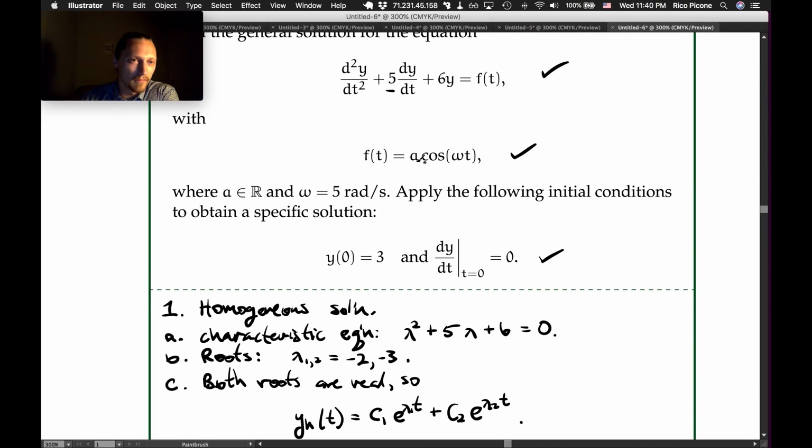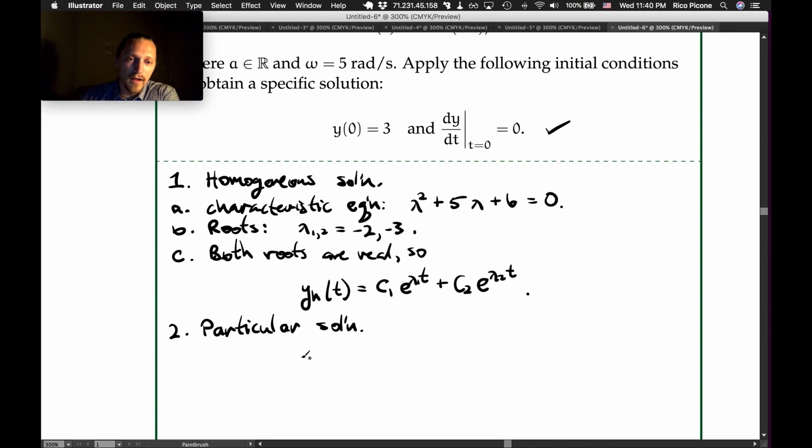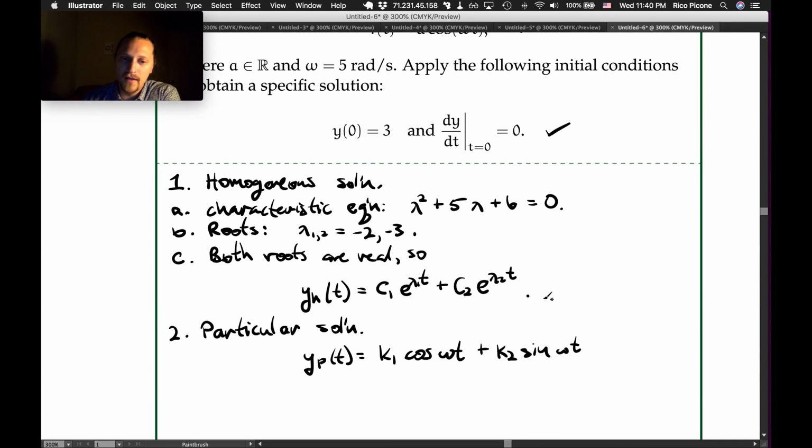If you remember, we could look back at the table, I think it was table 4.1, that a cosine omega t corresponds to a guessed particular solution of k1 cosine omega t plus k2 sine omega t. So that's the particular solution that we'll guess.